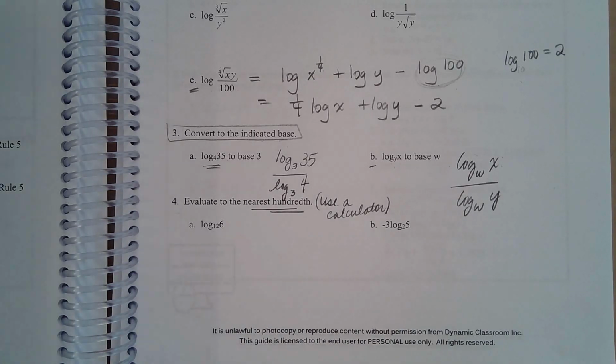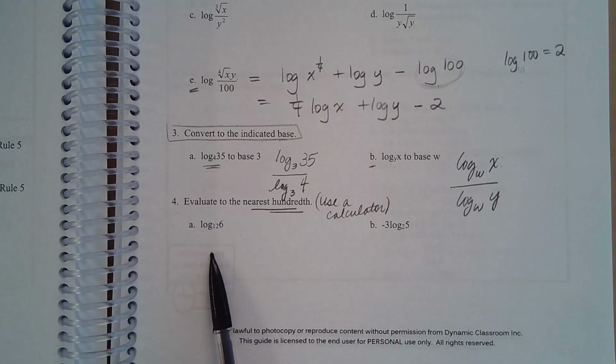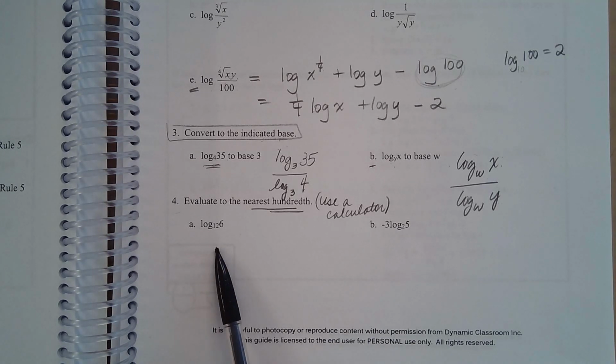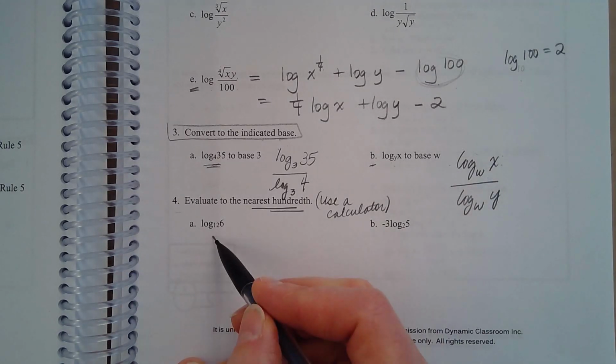Okay, who came up with an answer for log in base 12 of 6 to 2 decimal digits? I got 0.72. You're close. Did you say 7.4? I got 7.2. Did you get 7.2? Okay, how did you do it? I don't have base 12 on my calculator.